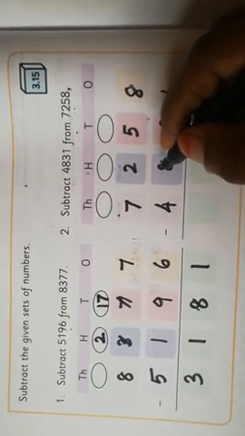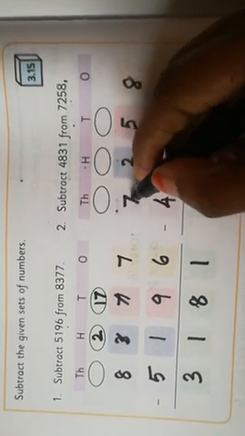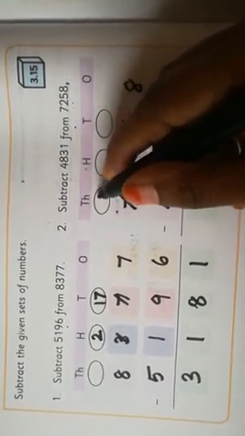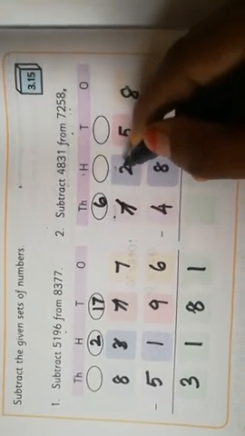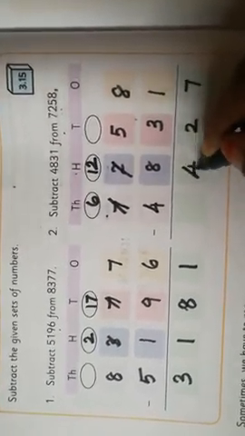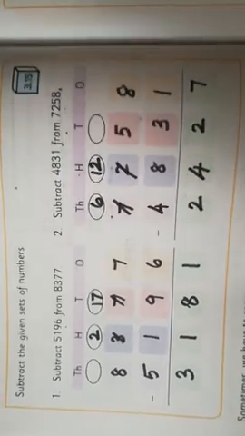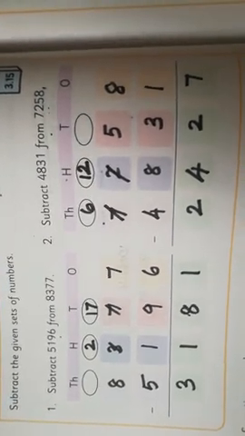So we borrow 100 from the thousands place. So we give 1, so 7 minus 1 is 6. We are getting 100, so we are getting 12. 12 minus 8 means 4. 6 minus 4 means 2. Like that you have to subtract the numbers, children.